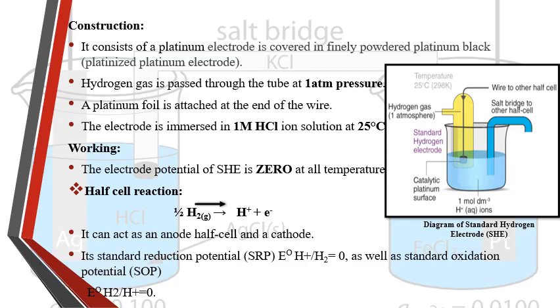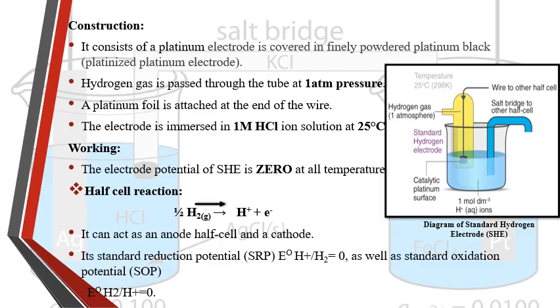The acid concentration is crucial as it determines the pH of the solution and the activity of the hydrogen ions. The hydrogen gas needs to diffuse effectively over the platinum surface. The design often includes a mechanism to ensure uniform gas distribution and minimize bubbles or turbulence that could affect the measurement.